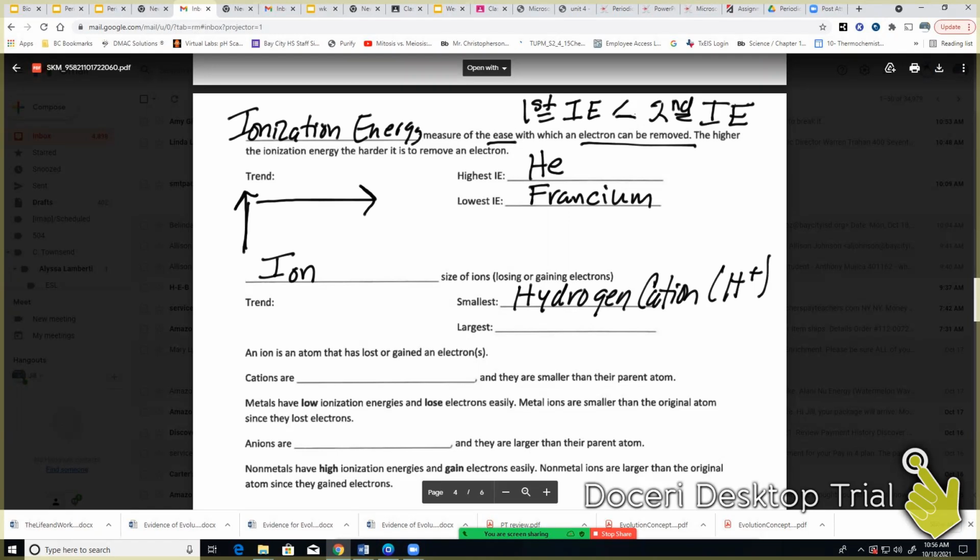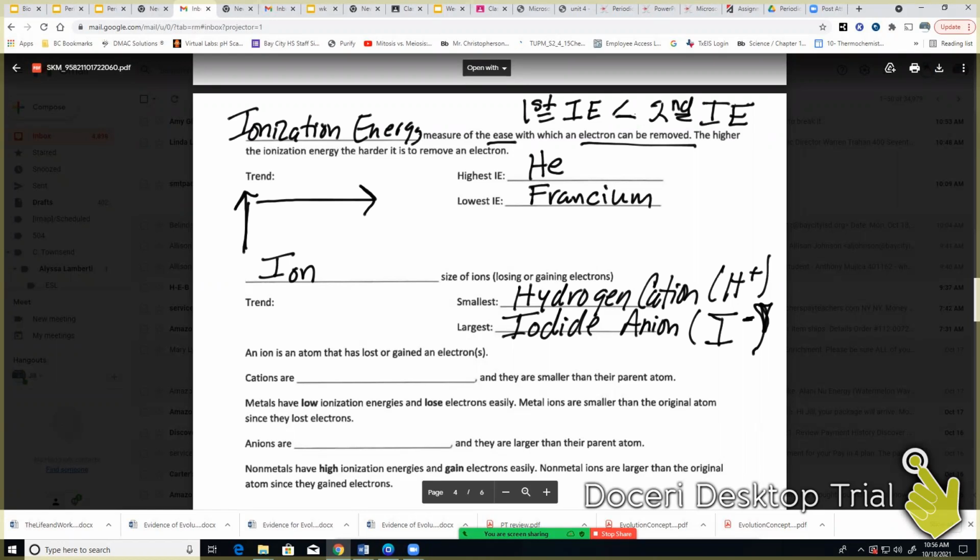So that's going to be your smallest one. And then your largest one would be your iodide anion, that's your I-. Iodide is period number 6, so 6 energy levels out, and then on top of that, it gains an electron.